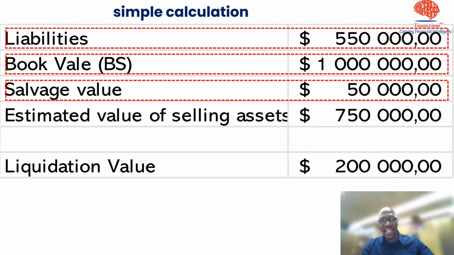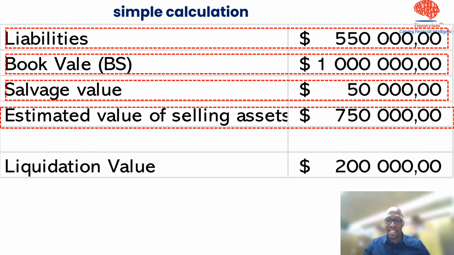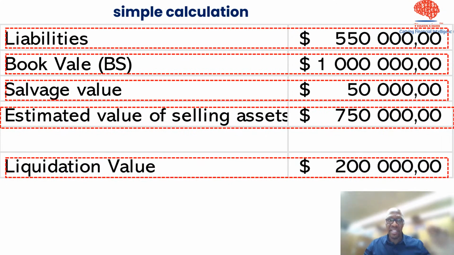If we then sell the assets of this entity, let's assume through an auction, whatever the case may be, for around 750,000. As I've said, the value will then be your selling assets of 750,000 less your liabilities, and that will give you 200,000.